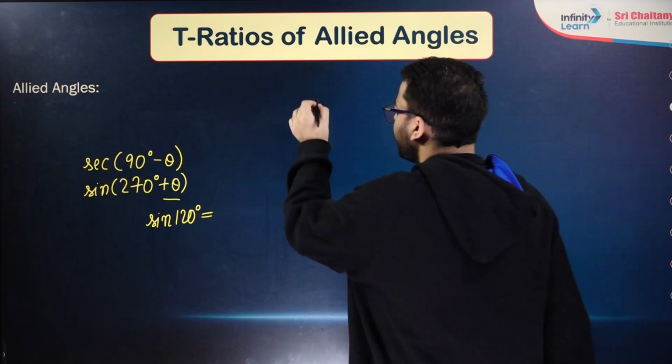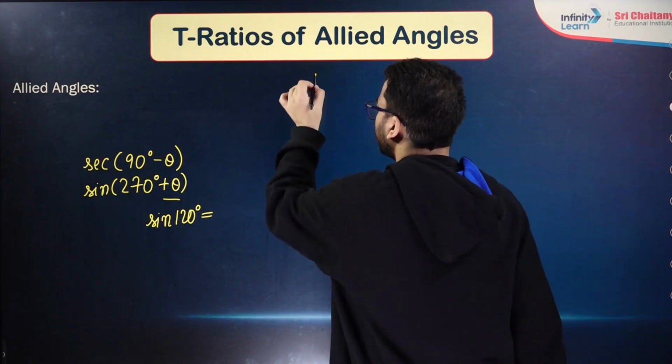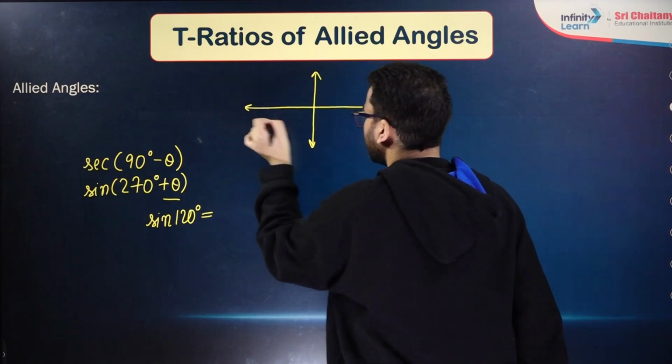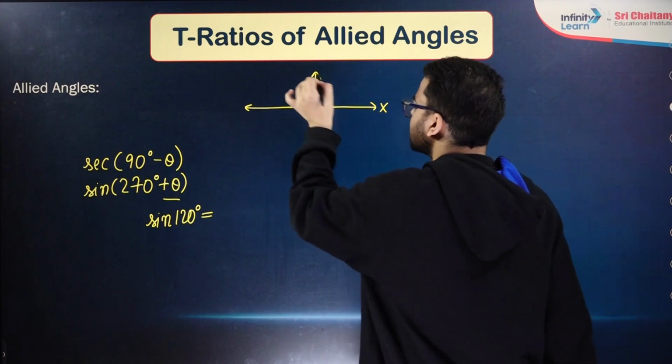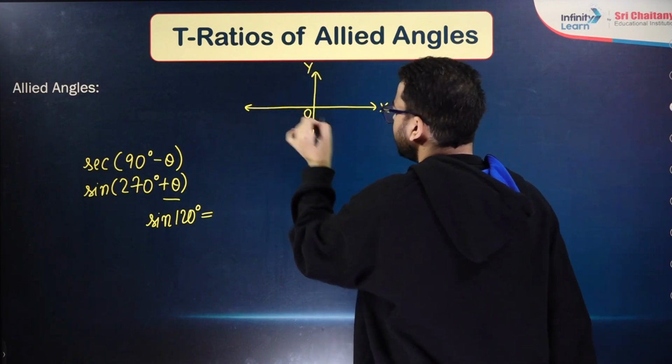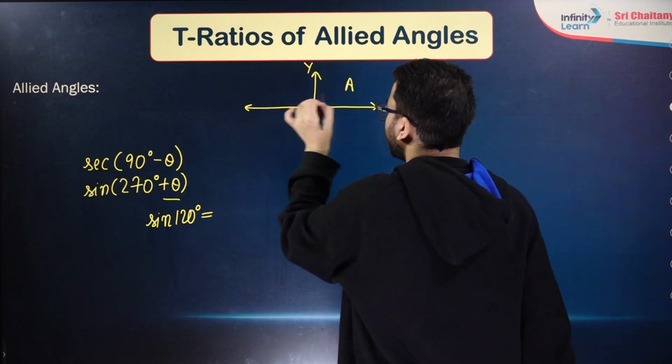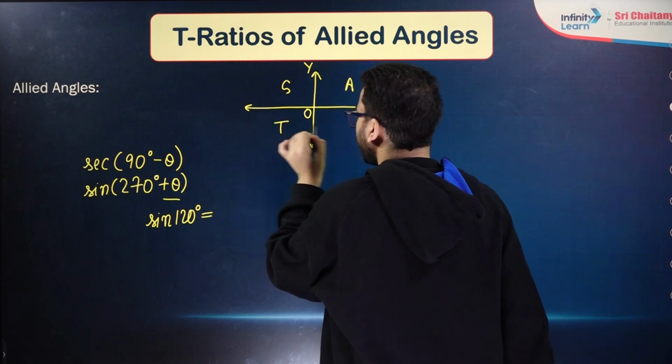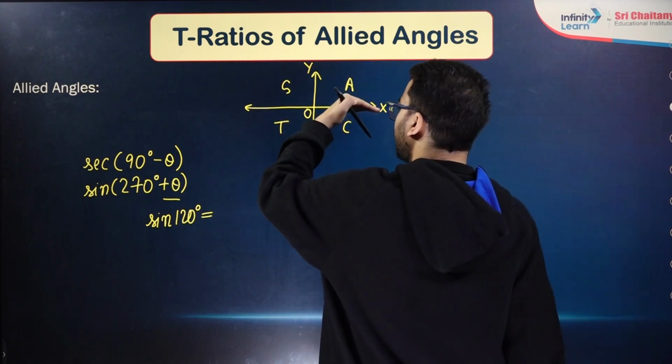So how will I do that? First thing is you make that figure, or the axes. You see, this is the x-axis and the y-axis and then the origin. And you remember this thing as well, ASTC. You put it over here, the ASTC rule. Now, talk in terms of angle.